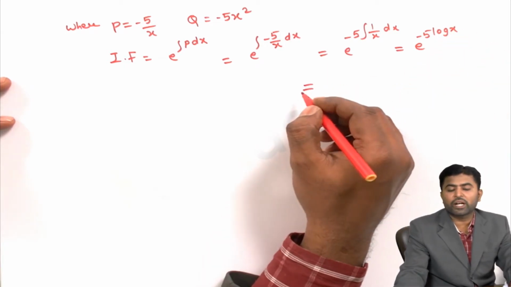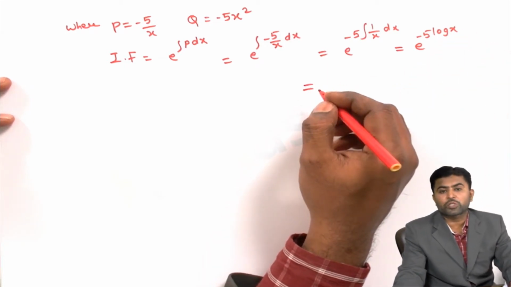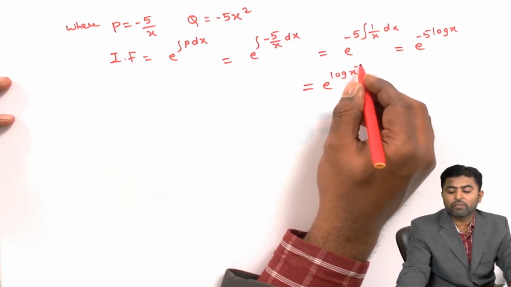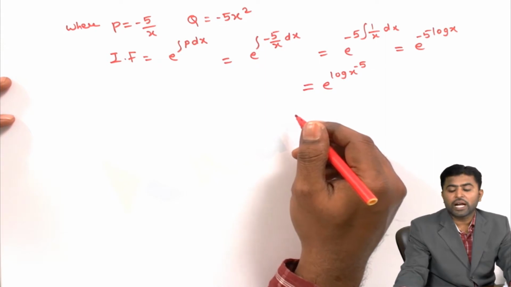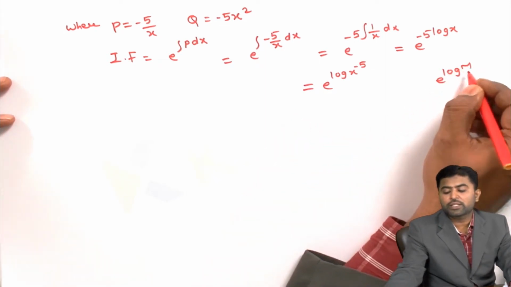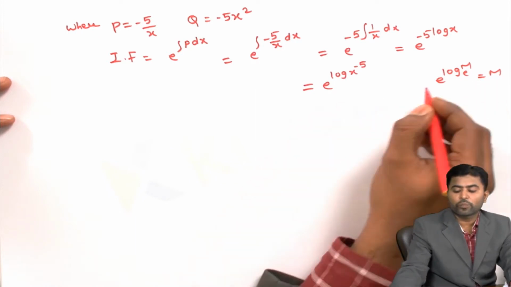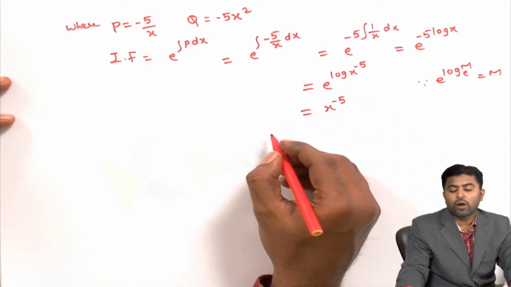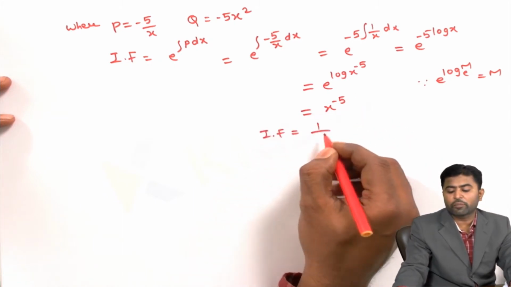And just now I told you that k log x can be written as log x power k. So I can write it as e power log x power minus 5. And we also know that e power log m base e is m. So therefore, we can write this as x power minus 5, or the integrating factor will become 1 by x power 5.